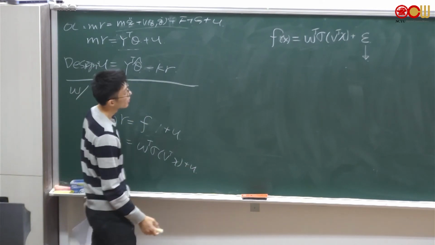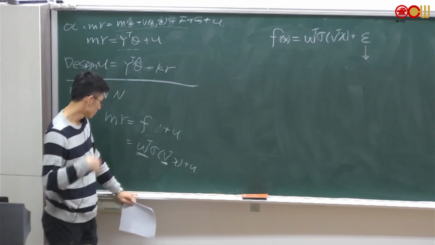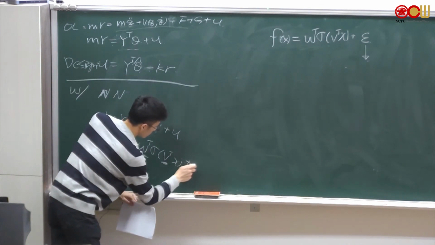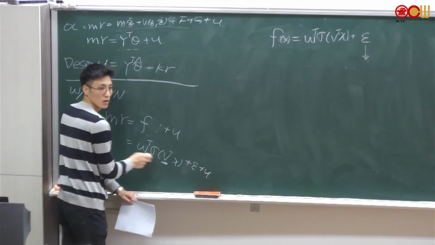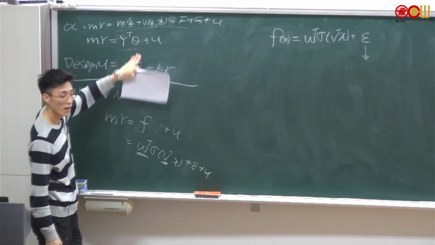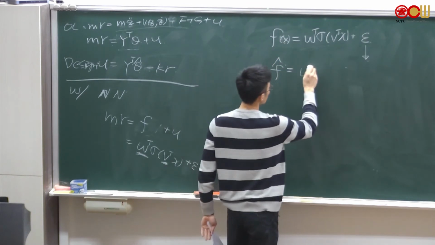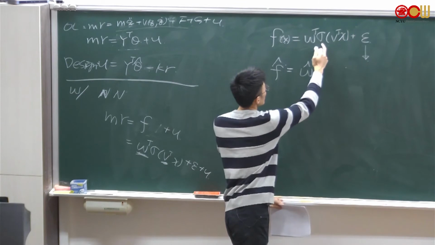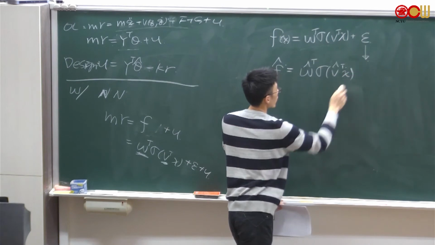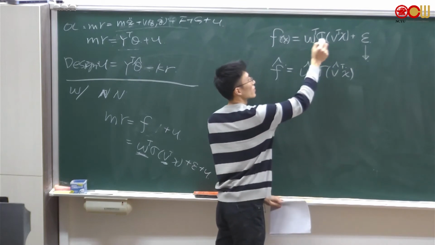And again, this is the true weighting to approximate this f. These weightings are unknown, same as this theta is unknown, right? We need to estimate the theta. So again, to estimate this function, we need to rewrite this into this form where the W hat and V hat are the estimate weightings.